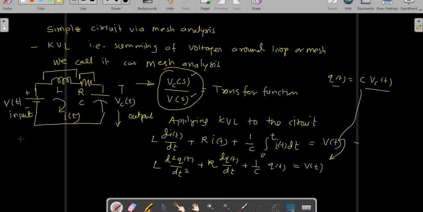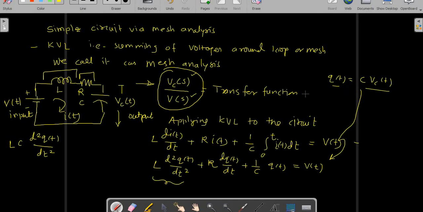I will write here L, and substituting q(t) = C Vc(t), C will appear as a constant: LC d²Vc(t)/dt².